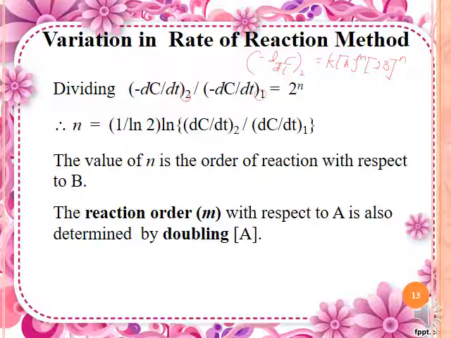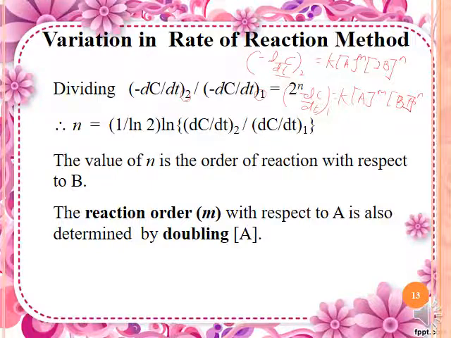The other one just now is negative dc over dt 1 equals k A^m B^n.